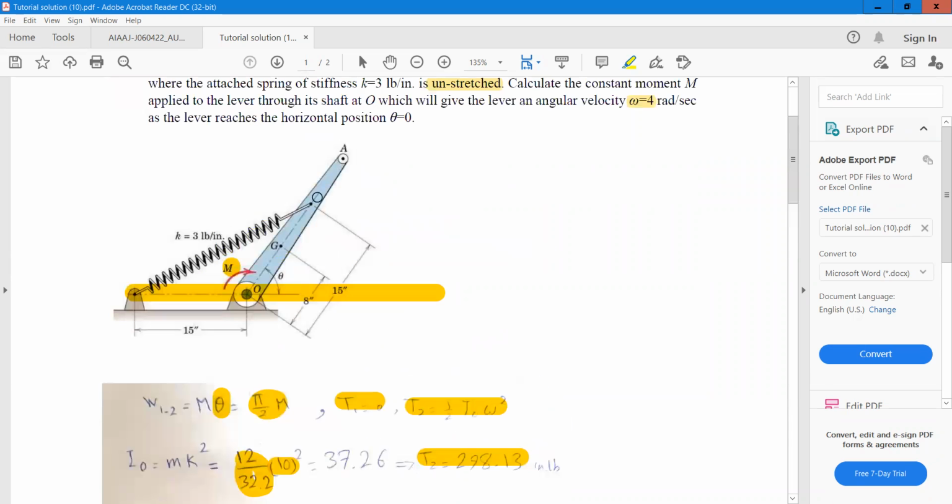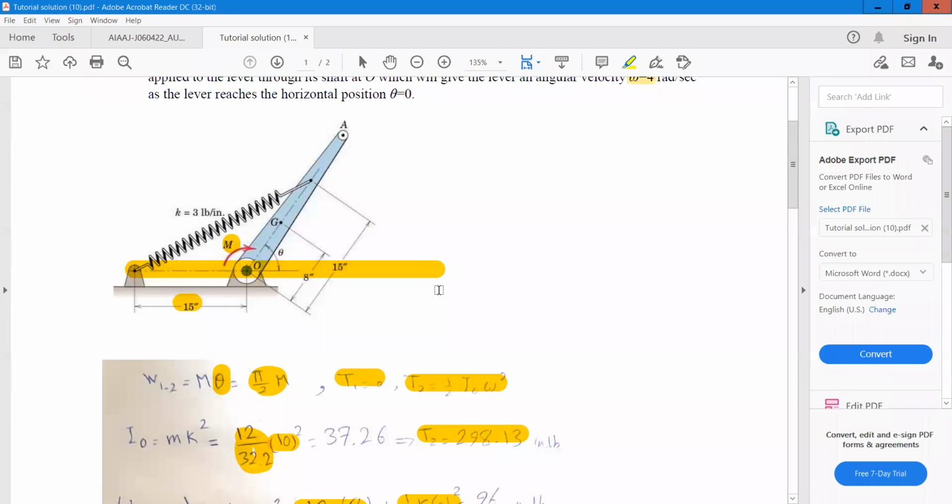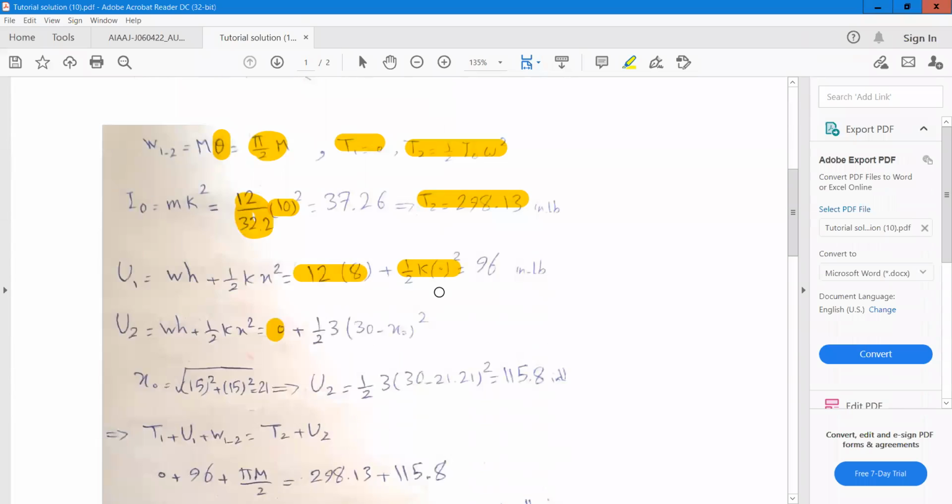When this lever is in a horizontal position, the length of the spring is 15 plus 15, so the length of the spring will be 30 inches.